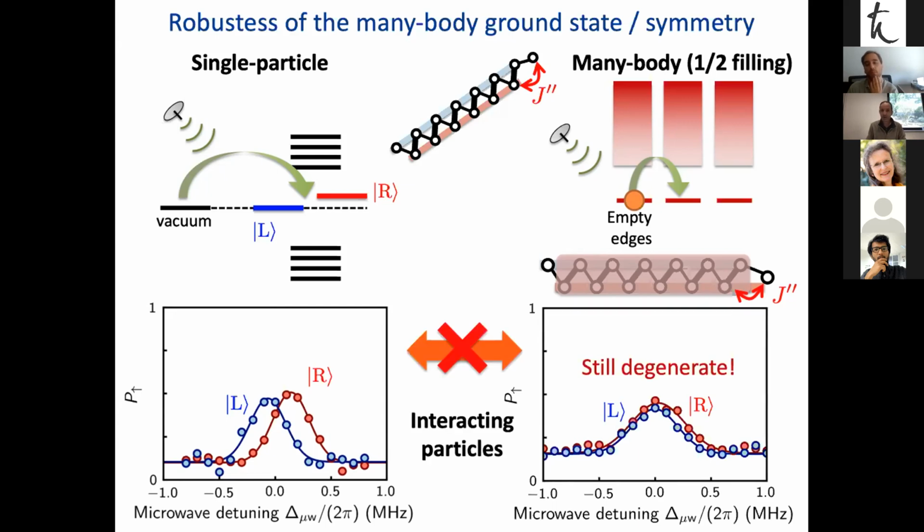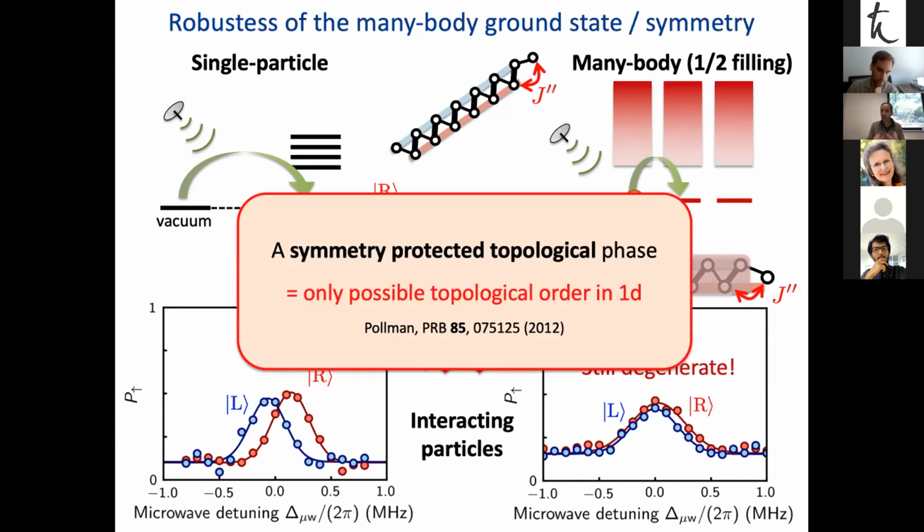So very clearly, the case of having one excitation in the system or many of these hardcore bosons, which interact through this infinite on-site interaction, makes the system react very differently. The many-body system is intrinsically more robust with respect to the breaking of the chiral symmetry. And this is actually the salient feature of the symmetry-protected topological phase for interacting bosons, which turns out to be the only possible topological order that you have in 1D.